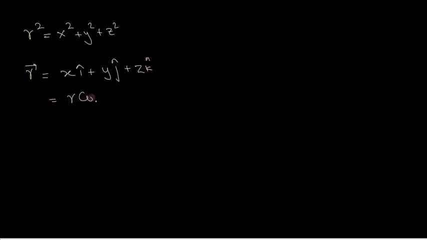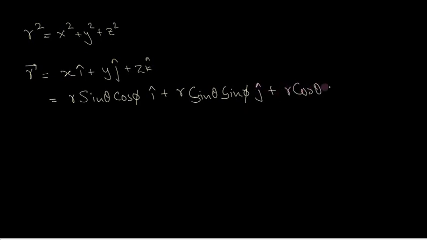Now I have concluded this thing. If I wish to find the r vector, this is x i cap plus y j cap plus z k cap. So your r vector is r sine theta cos phi i cap plus r sine theta sine phi j cap plus r cos theta k cap.